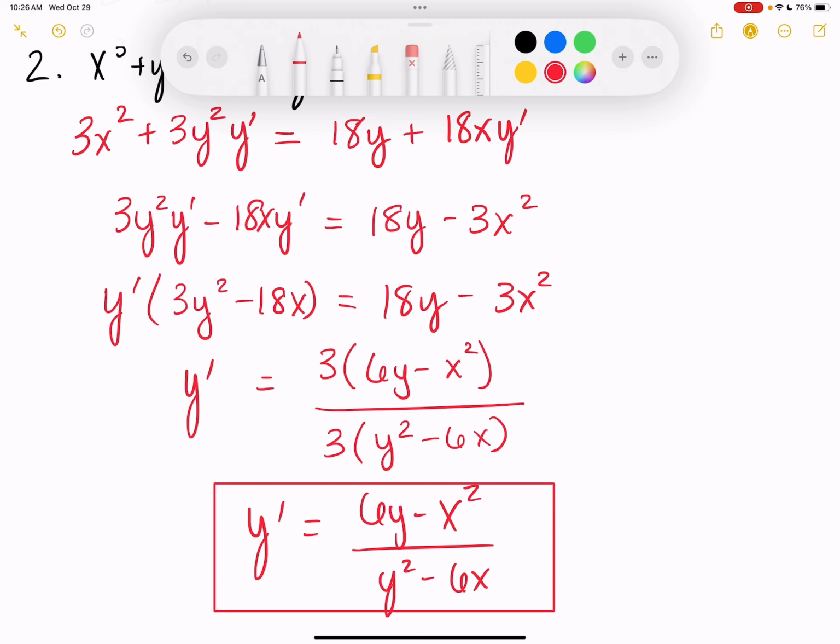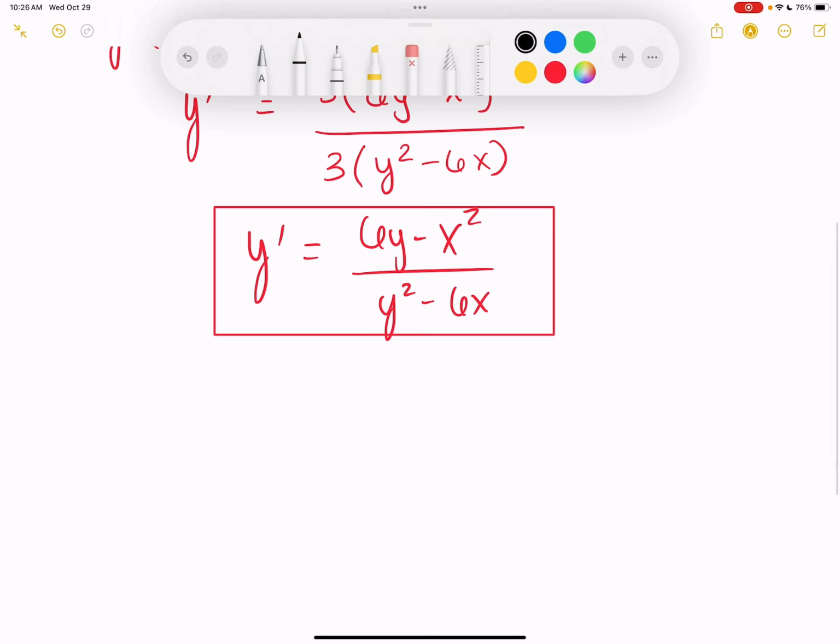So sometimes on these, they'll give you an x and a y value to plug in to find stuff too, but a lot of times you're just finding the derivative this way. Number 4. I think I kind of said this, but this is when you can't get y by itself.